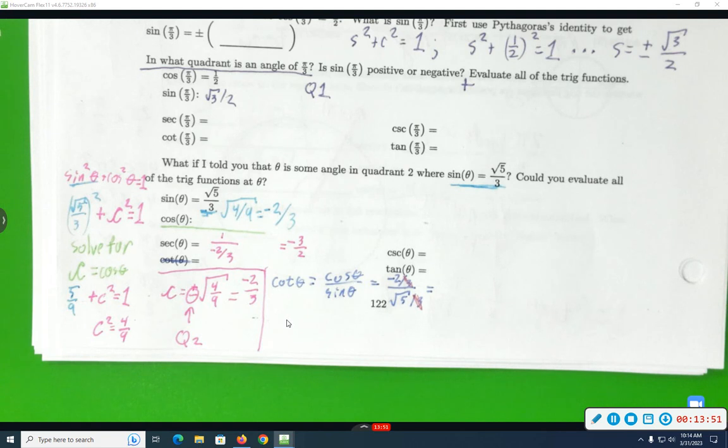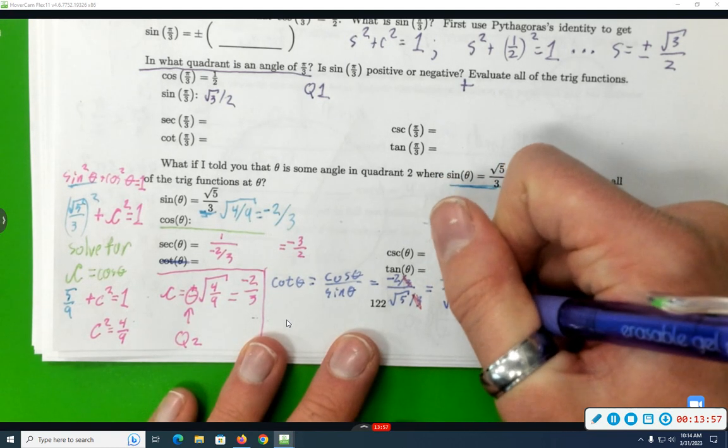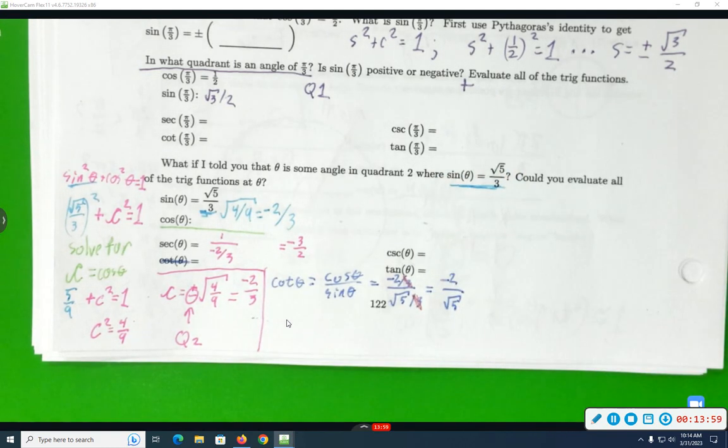So let's see, negative 2 divided by root 5. I claim that this is still not fully simplified. What more should we do? Let's deal with that square root. How do you deal with it?